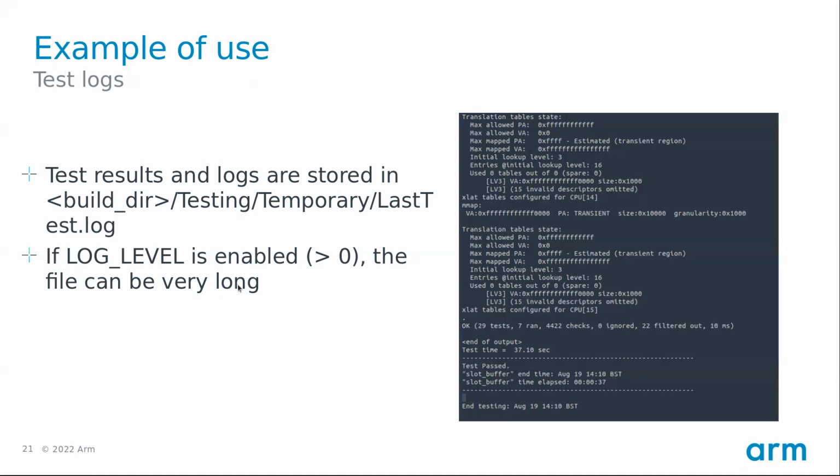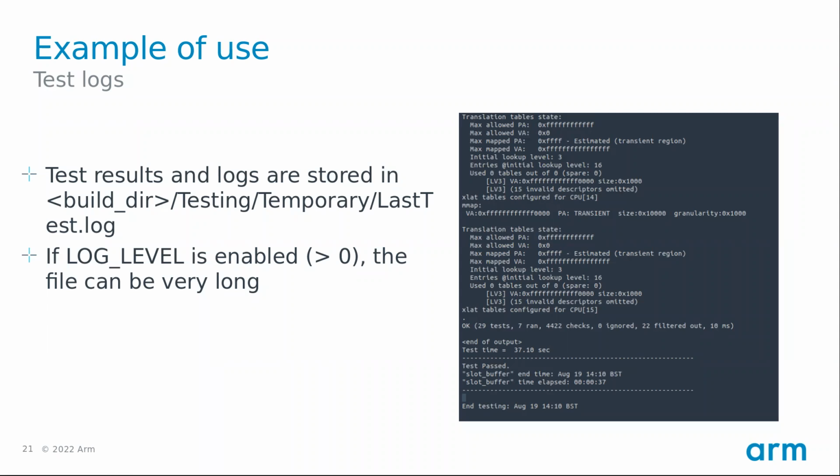Also, something worth mentioning is that when we run the test using the makefile rules created by CMake, we will generate log files. Those log files are stored under this path found here. If we have a log level enabled with high verbosity and we repeat the test a large number of times, be aware that this can cause the test to run very slowly, and this file can be very, very large.